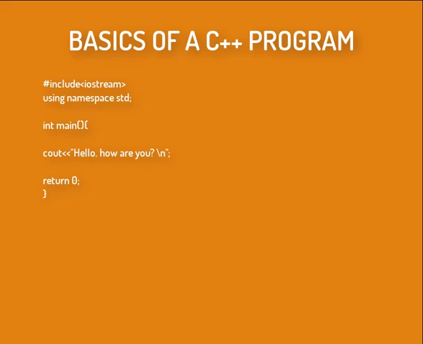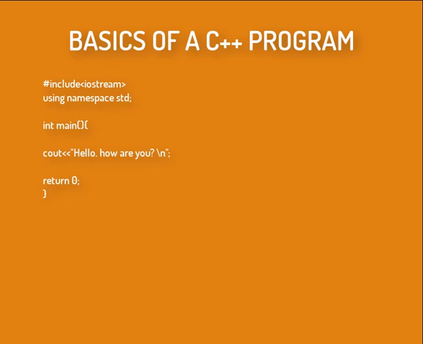Then the fourth line says cout, two angle brackets, actually they're taken together, and these are called the stream insertion operator. And within double quotes is hello how are you backslash n close double quote semicolon. Then the fifth line says return 0 semicolon, and the sixth line says close curly braces.